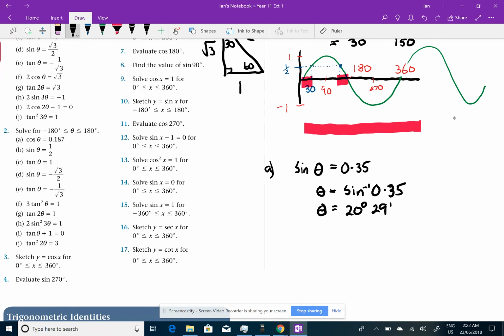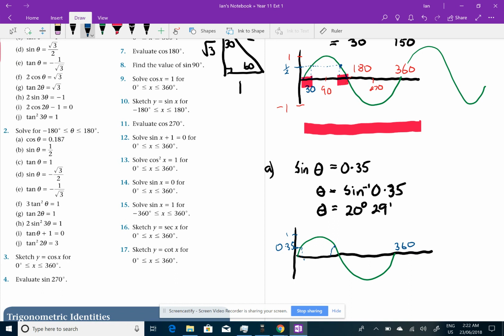But I know that that's not the only answer. So I quickly look at the curve. And by doing it this way, you get really good at drawing the curve. And I know that 0.35 is less than 1. So 0.35 will take me, I'll get one answer there, and I'll get one answer there. Remember, we're only going 0 to 360, and 360 is here, and all the other values are below the x-axis.